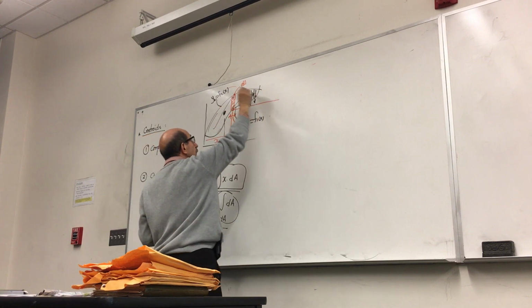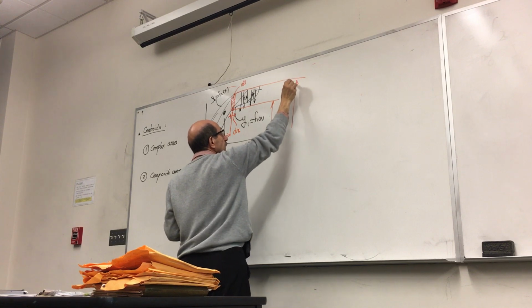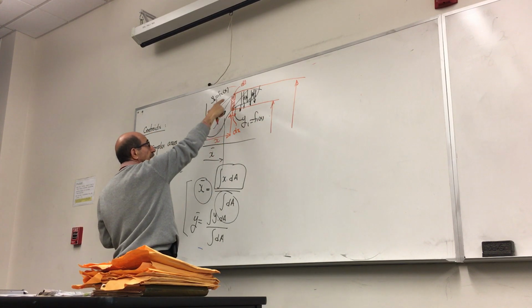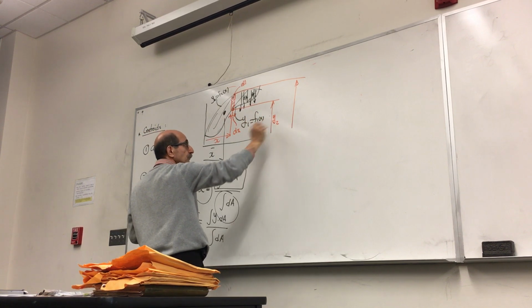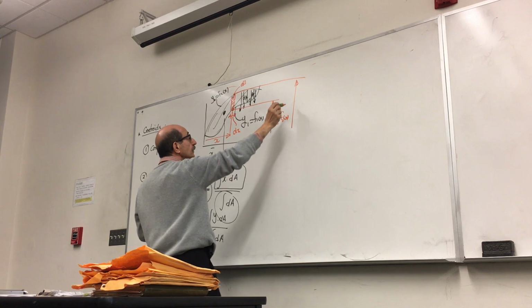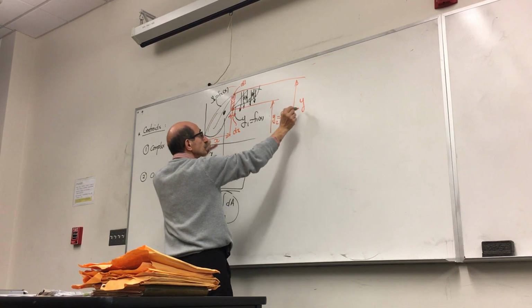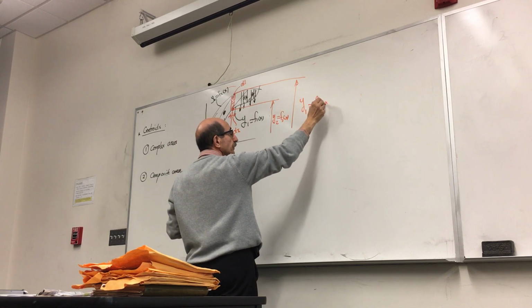The height would be what? Height is the value that you derive from evaluating this function at that point x, and then this one, which is y1, at that point x.